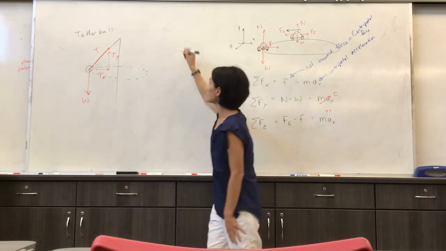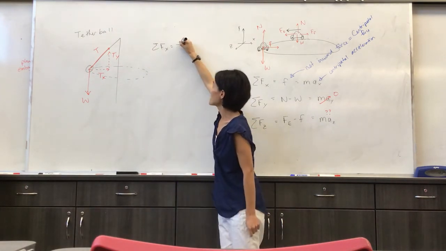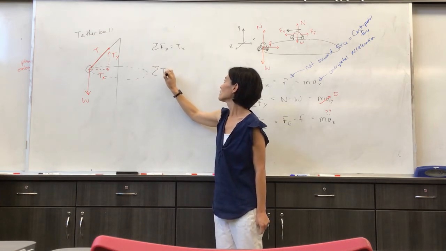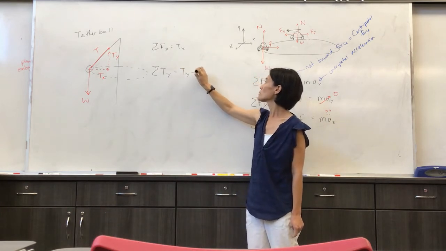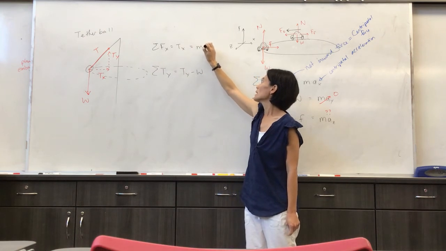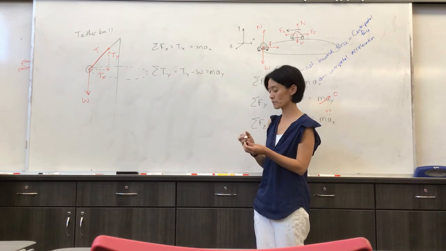Again, if I thought about this, horizontally I've just got Tx. Vertically I've got Ty, so this would be Ty minus weight. The second law says this equals ma, so ma_x, ma_y.